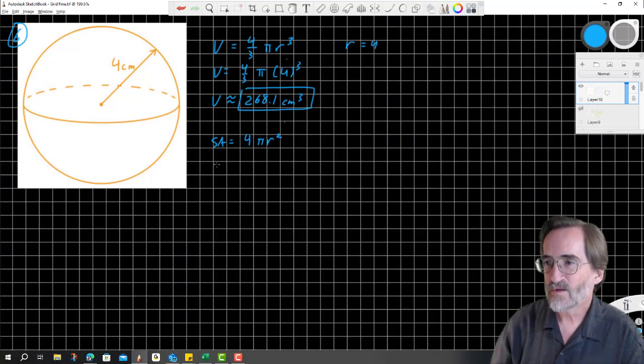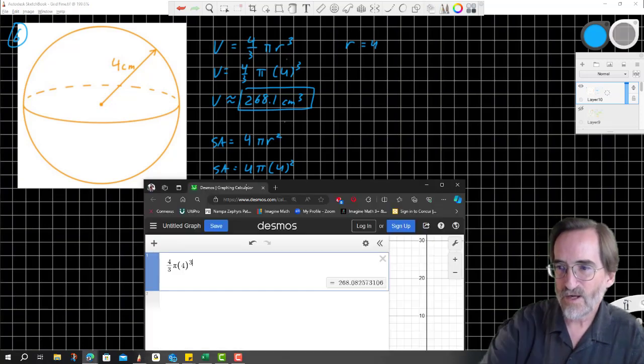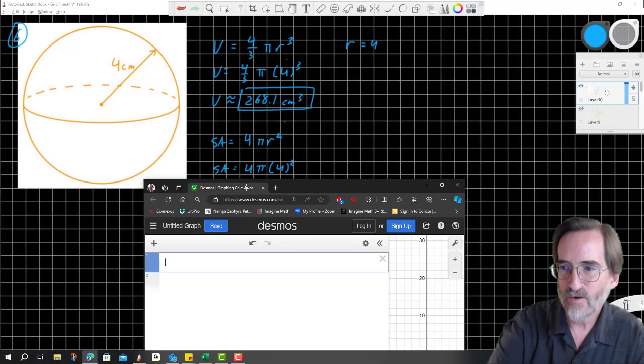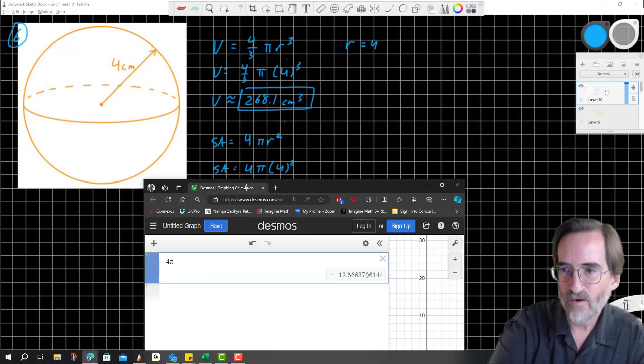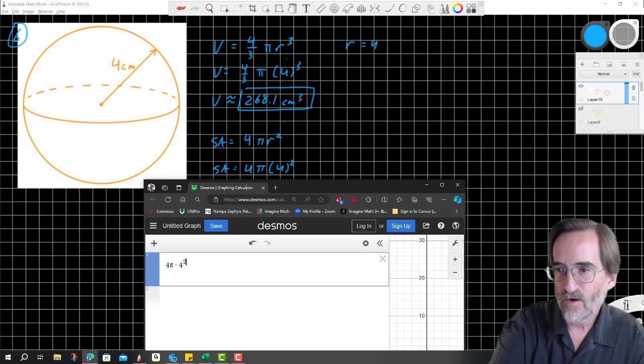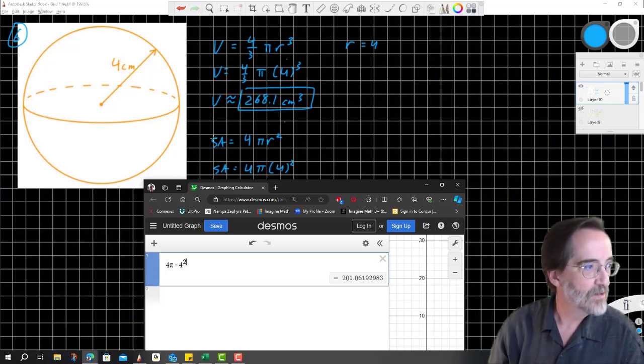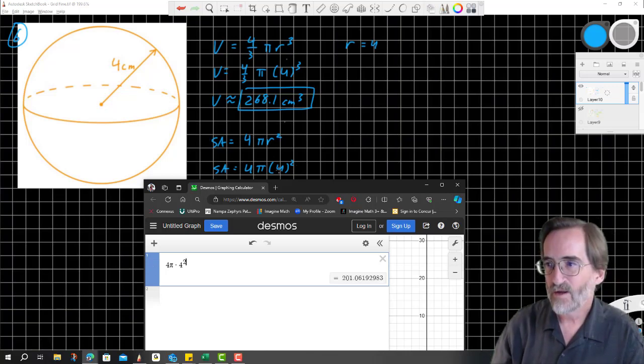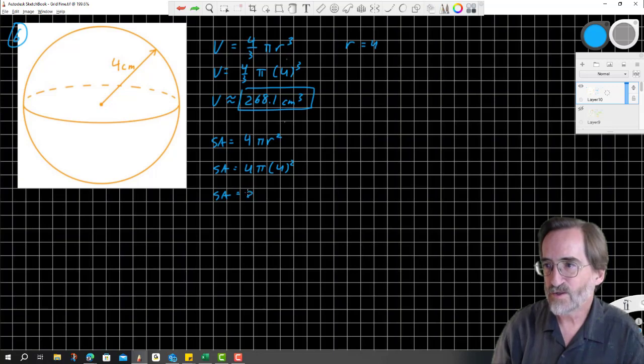Surface area, 4 pi r squared. Surface area is 4 pi times 4 squared. That's approximately 201.1 square centimeters.